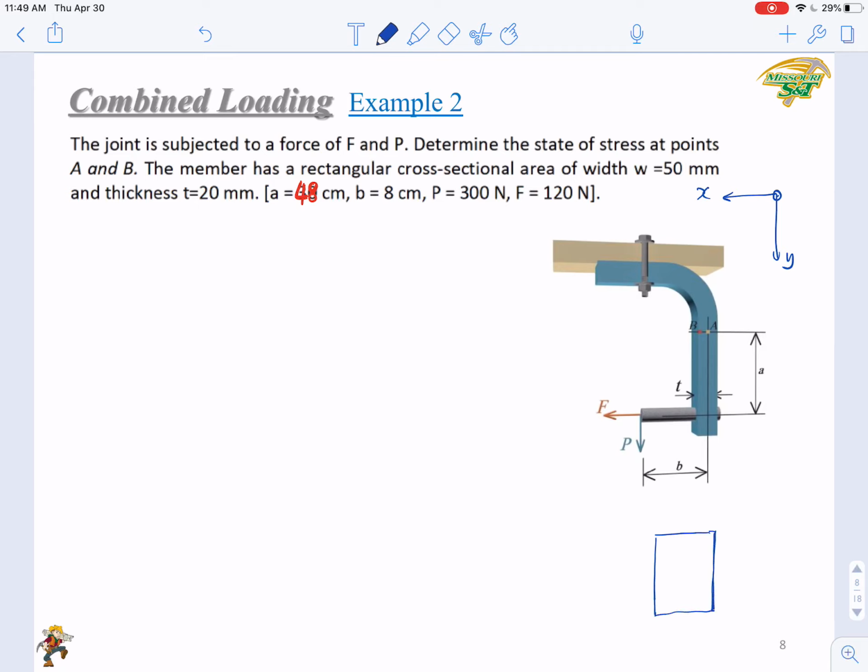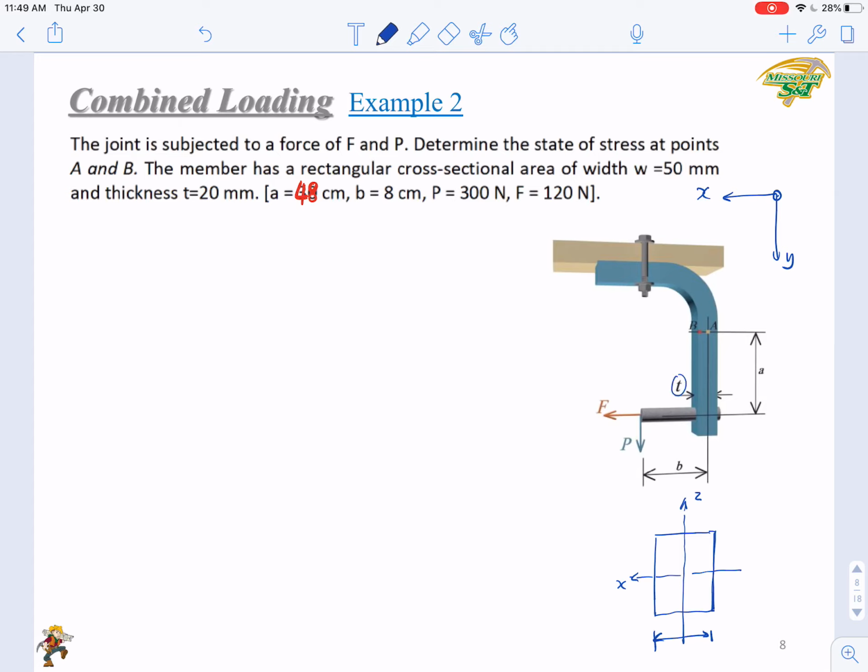The cross section will be on the xz plane, right? You have the x direction, z direction. The dimension here is the thickness, the t.